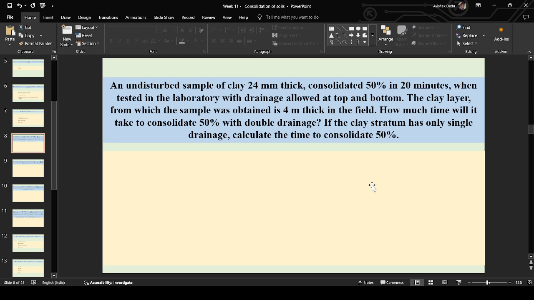How much time will it take to consolidate 50% with double drainage? If the clay stratum has only single drainage, calculate the time to consolidate 50%. Please let me know if you have problem in understanding the question.